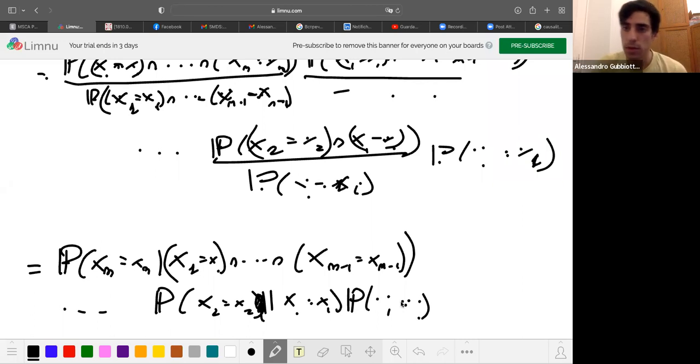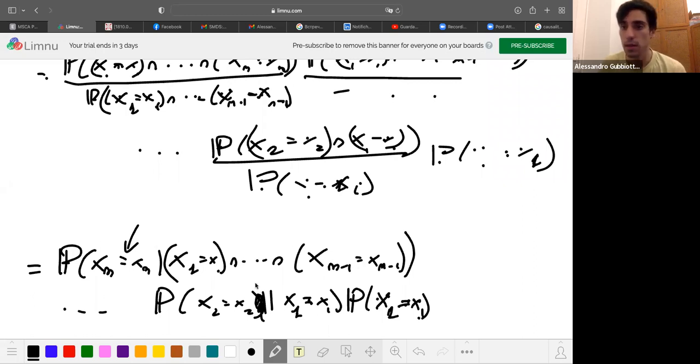This has the usual interpretation. We toss the first coin and it gives you x1. What was the probability of that? Then we know that the first coin gave x1 and we toss the second. Then we know that the second and the first one have that result, and we toss the third one, until we toss the last of them, which is this one, knowing the past tosses.